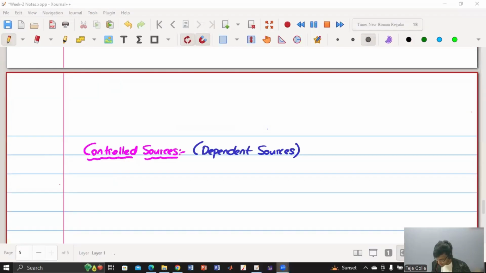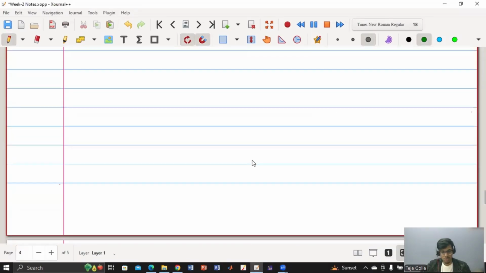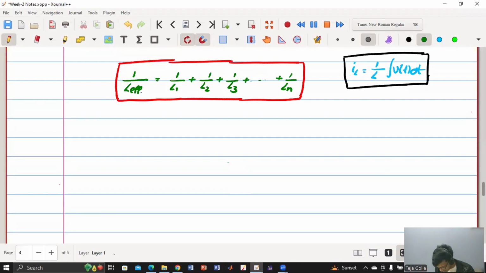Sir, how to calculate infinite resistance ladder problems? Whenever there is an infinite series, you just have to try to get the terms in terms of a geometric progression. And for a geometric progression, you know the summation for an infinite series.